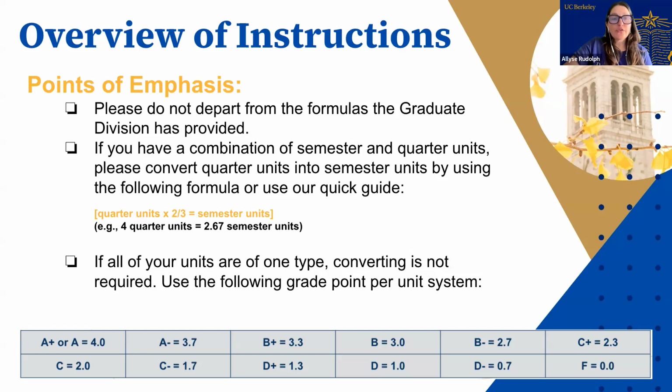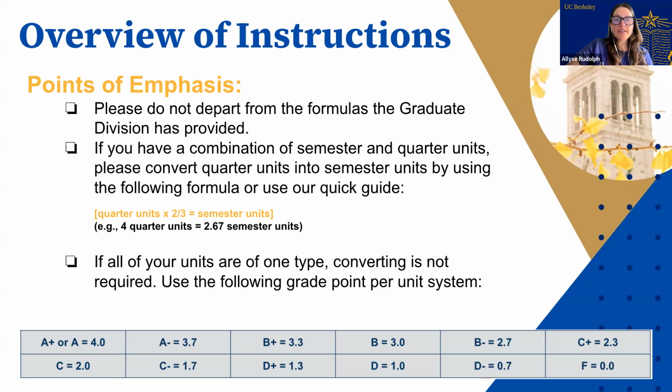And you can use the formula below to do a conversion. 4 quarter units is equal to 2.67 semester units. So if you want to do some quick math and make those conversions, you can do that now, or if you're calculating this on your own, you'll want to keep that formula in mind.